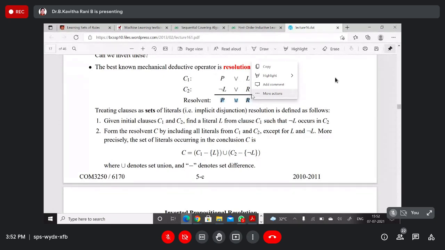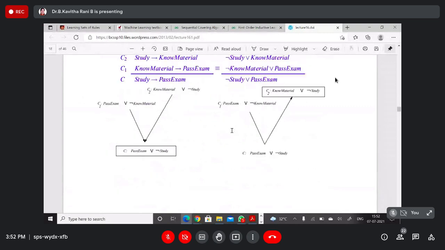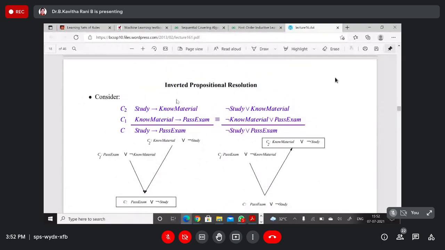If practice, win game. C2 is losing game because of less practice. So in this way we have to frame the rules here. So see, this is the example. So this is inverted propositional resolution.